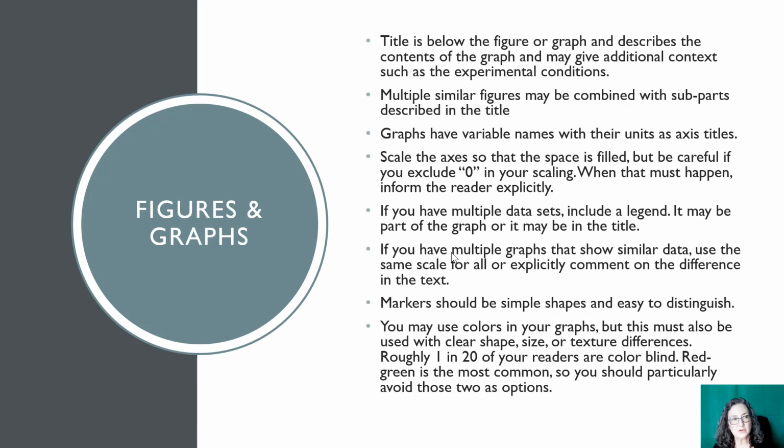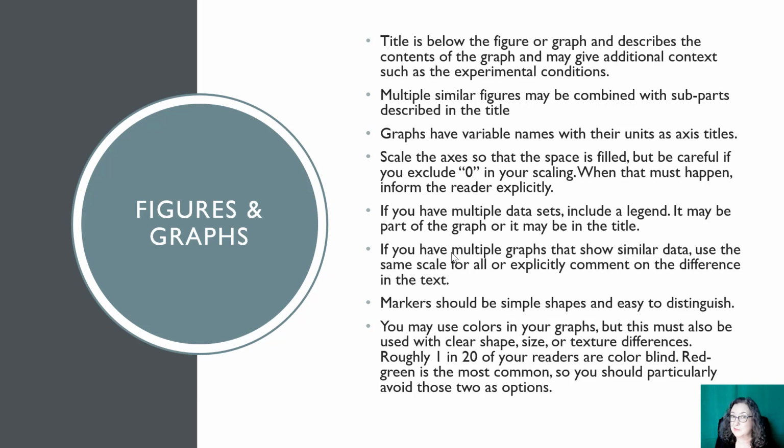Now you might wish to use color in your graphs. I actually think color is great. However, you need to add to that a texture difference. So red triangles with a solid line, blue circles with a dashed line, something like that. About 1 in 20 of your readers will be colorblind, maybe a little bit more than that.